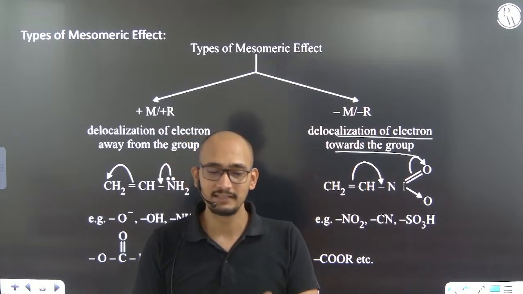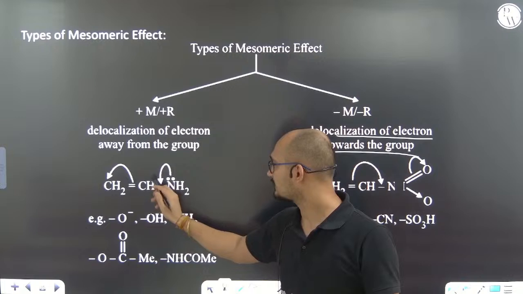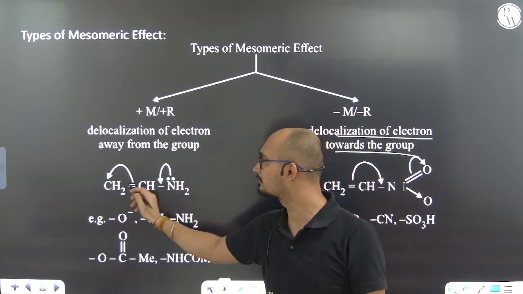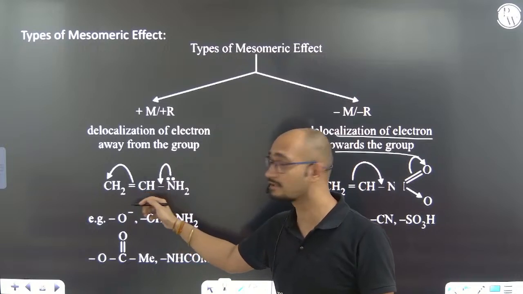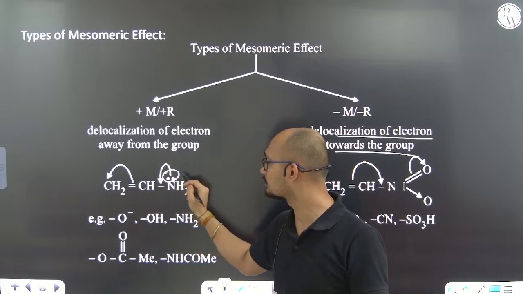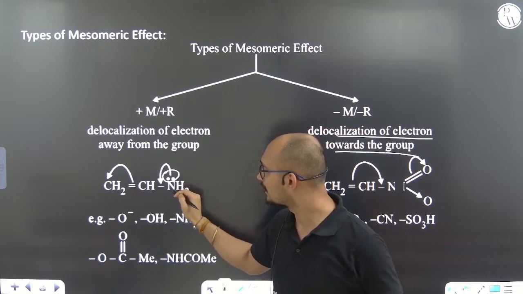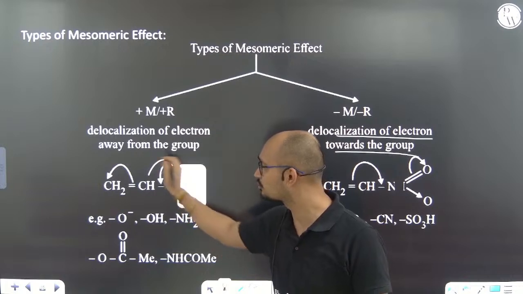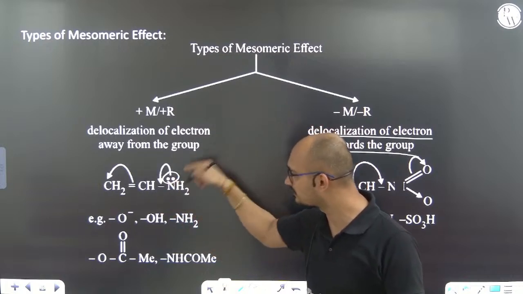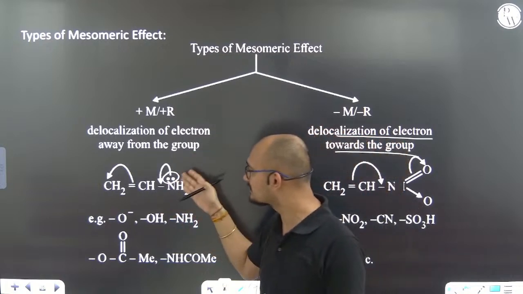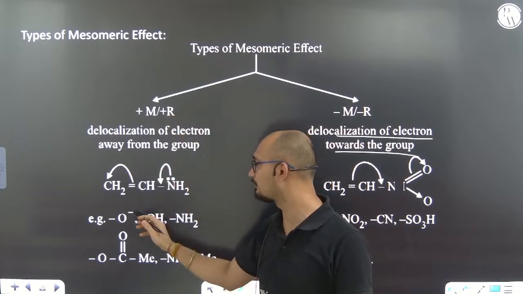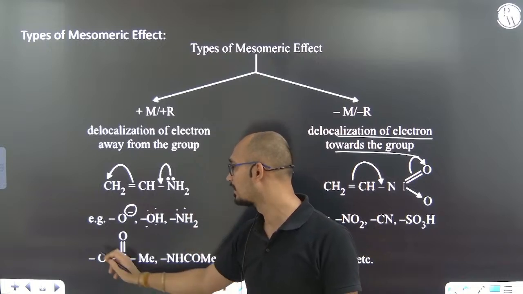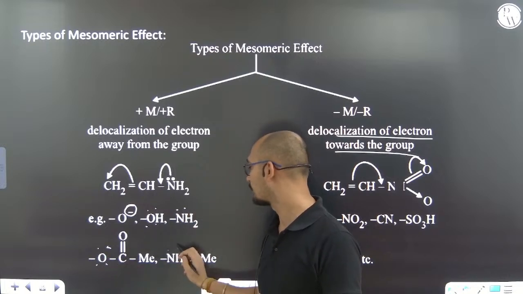Like in this example, this is the conjugated system, having a pi bonded system, and the next atom is nitrogen, which has a lone pair, and due to this lone pair it is going to show the plus M effect. Similarly for O minus, similarly OH, because oxygen also has a lone pair, nitrogen also has a lone pair. What about this OCOMe? What about this NHCOMe?